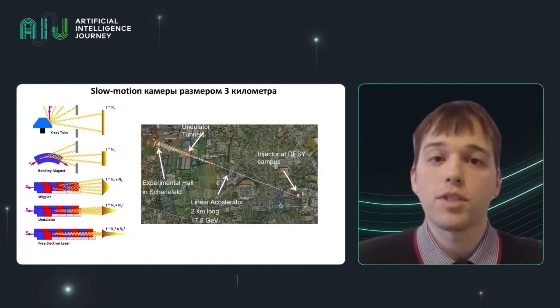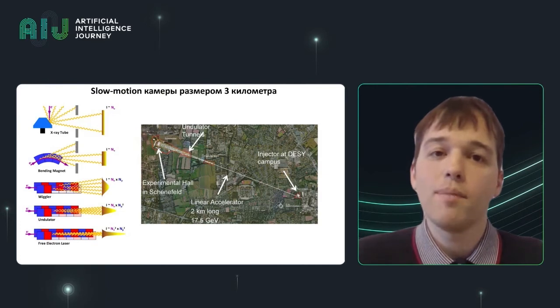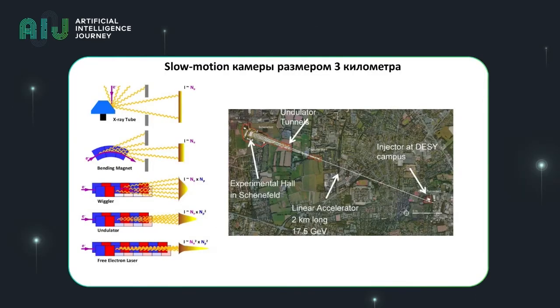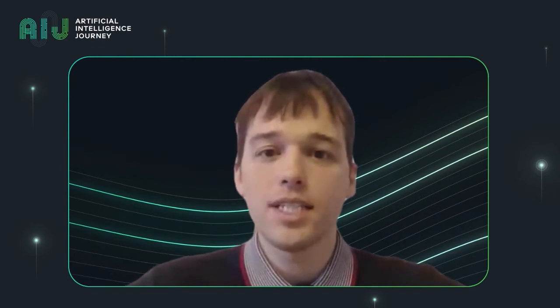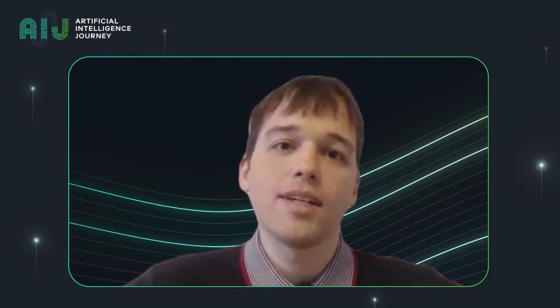Our country has invested 25% into a Hamburg accelerator, 3 kilometers long, underground, and this accelerator is used to produce short and bright X-ray bursts. You will have to trust me that this is really a 3-kilometer long accelerator.